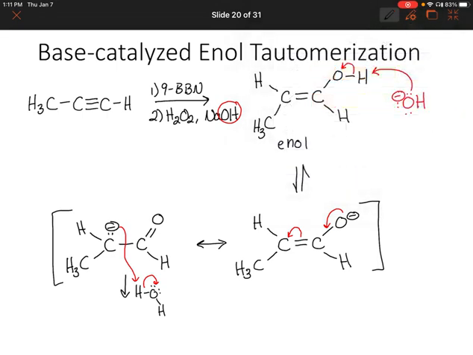And that's going to give us, let's see, H2, CH. Okay. So this is our aldehyde.